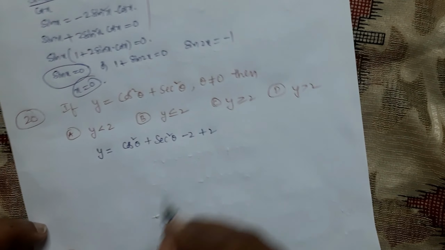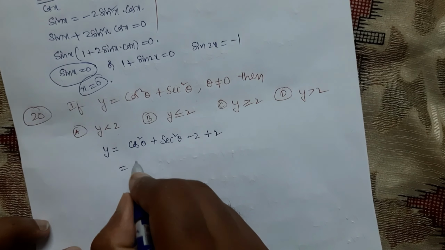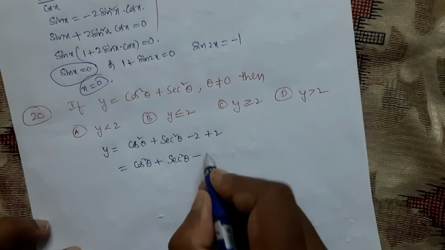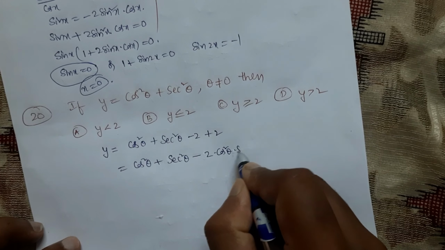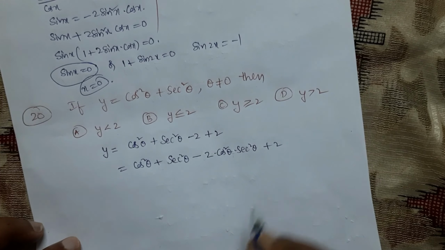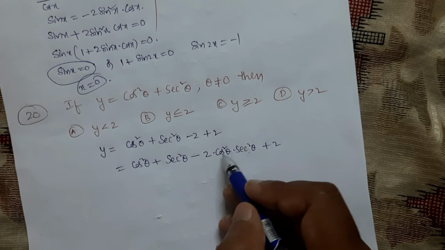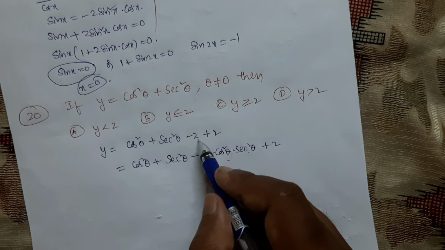Why am I adding 2 and subtracting 2? Cos square theta plus secant square theta minus 2 into, I can write this as cos square theta into secant square theta, plus 2. That is, this minus 2 we can write as cos square into secant square. Why? Because secant square is 1 by cos square. 1 by cos square cancels, and 2 comes.